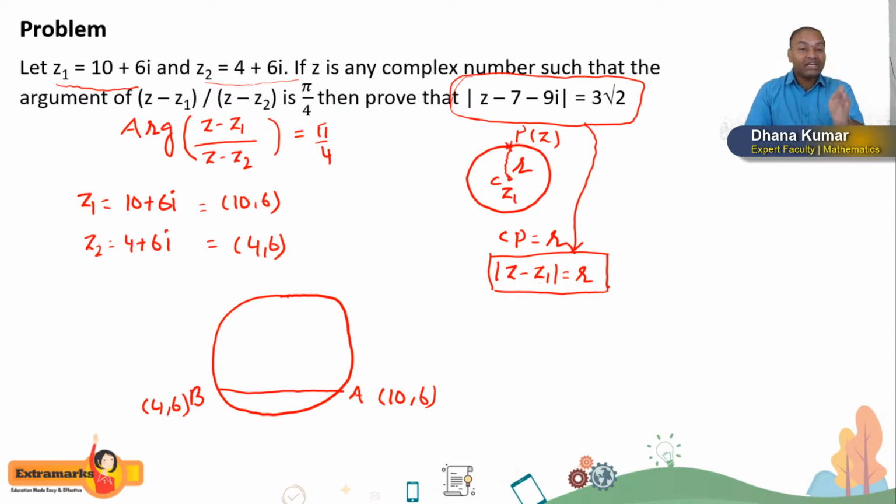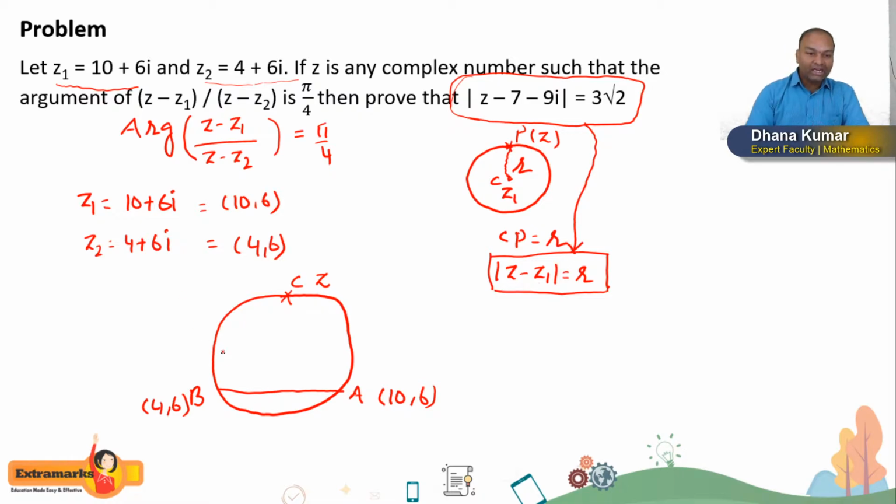Angle between the lines. See here, I am taking one point here, C. That point I am assuming Z. Argument of Z minus Z1 by Z minus Z2 means the angle at point C between the lines to A and B. So the angle between BC and AC is equal to pi by 4.